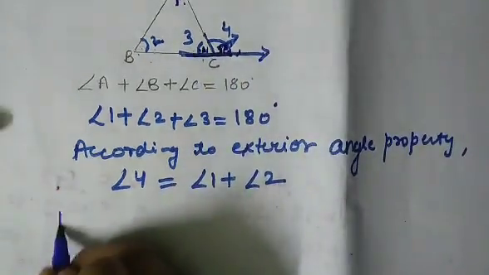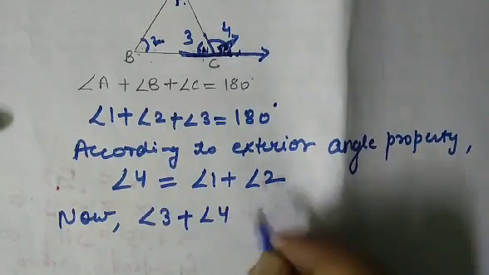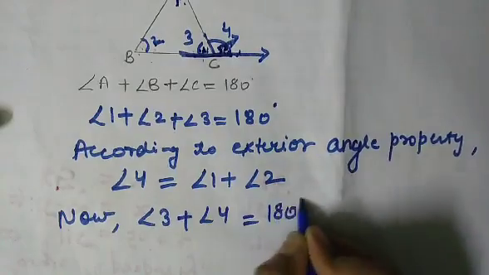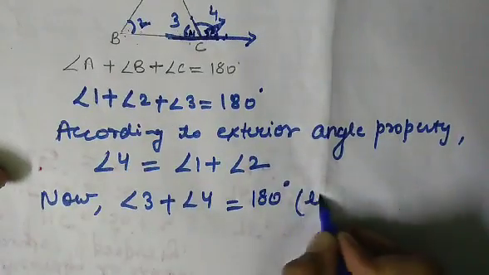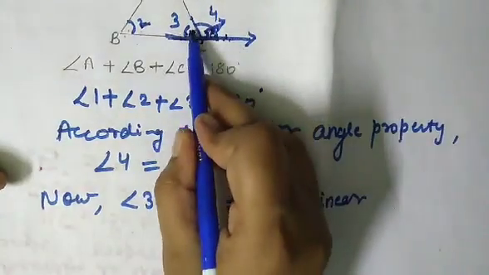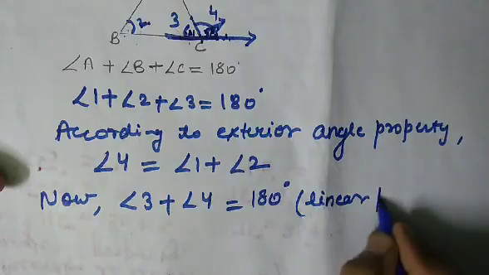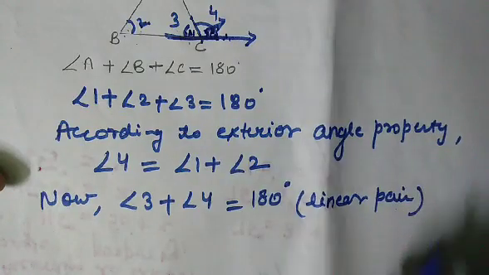I can write this: angle 3 plus angle 4 equals 180 degree because of linear pair, because this point lies on a straight line and they are making a pair on this single point. So their sum is 180 degree because of linear pair.